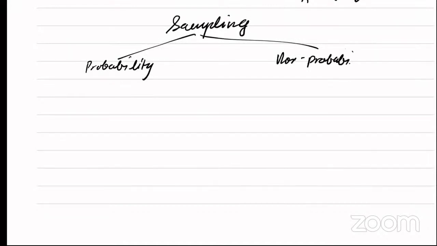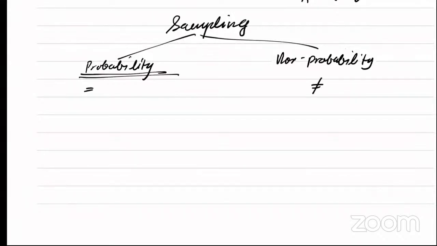So, kapag sinabi nating probability, we are referring to the chance of a certain member of the population to be selected as a sample. So, kapag sinabi nating probability sampling, everyone has an equal chance to be selected. Kaya siya tinawag na probability because everyone has the same probability. Kapag non-probability sampling naman, they don't have an equal chance.